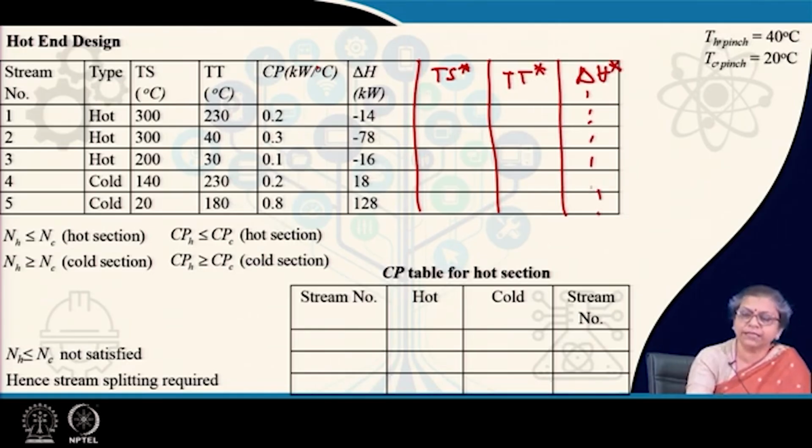Just the way we have said, locate the position where you have got the maximum minus delta H, apply this as the hot utility on the top, adjust all the enthalpies which are moving from cascade to cascade, and then find out finally what you are going to get. In this particular case, what you will be getting is your TH, just let me see if I have got the details.